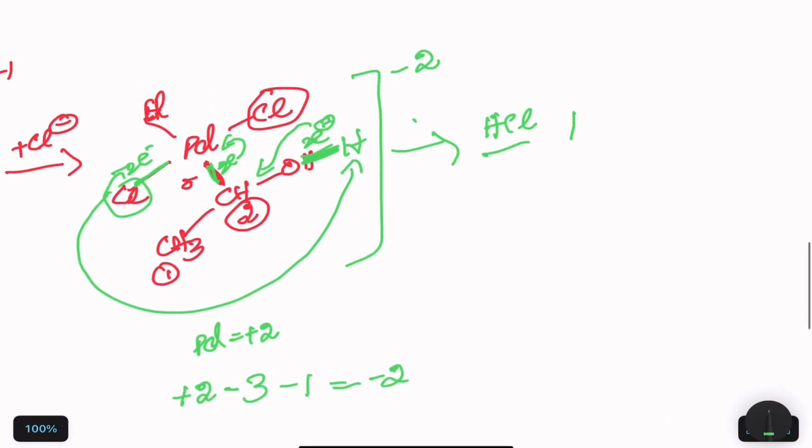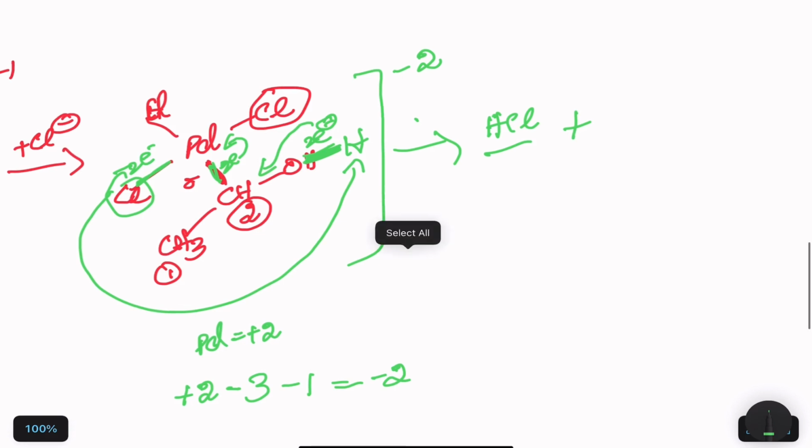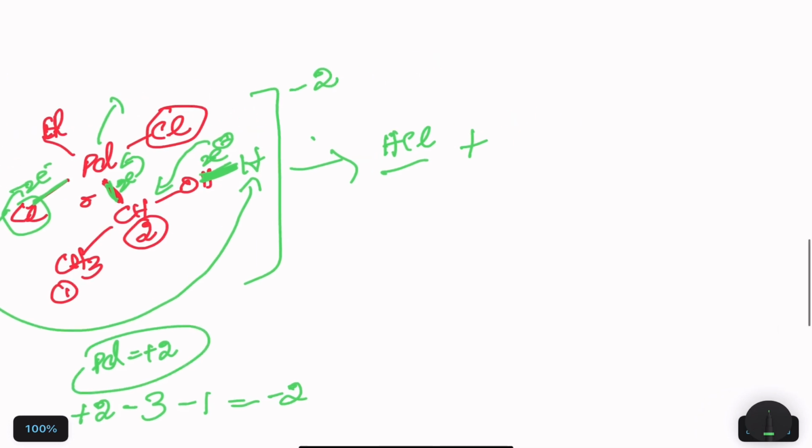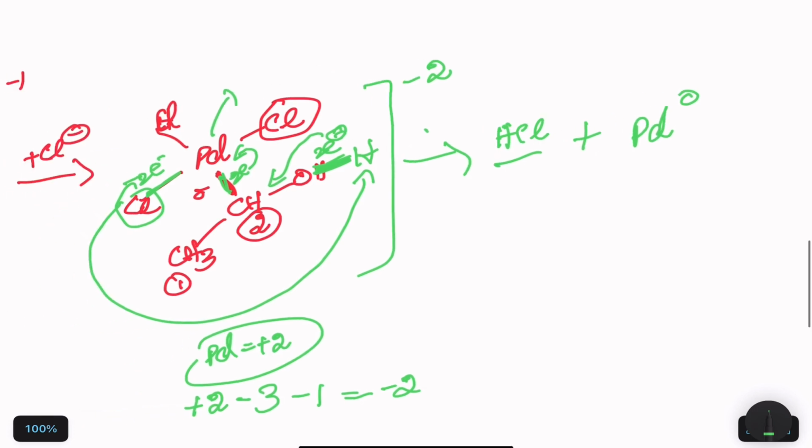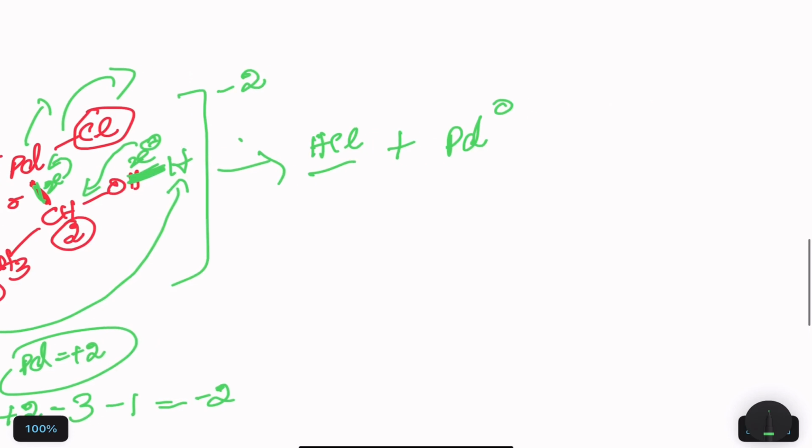So now what is happening? 1 HCl is formed. Then what is happening? This palladium is gaining 2 electron. So from plus 2, this palladium has gained 2 electrons. So it is converting into palladium 0. Okay. Then this chlorine minus and this chlorine minus will be released. So 2 chlorine minus.